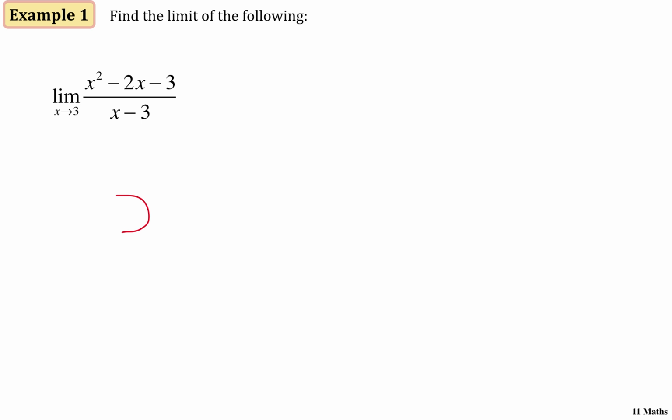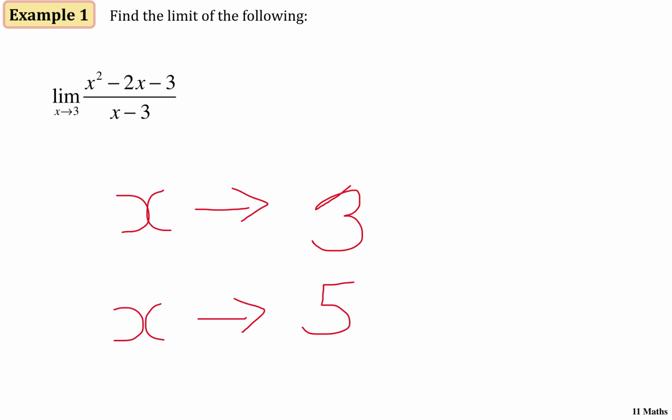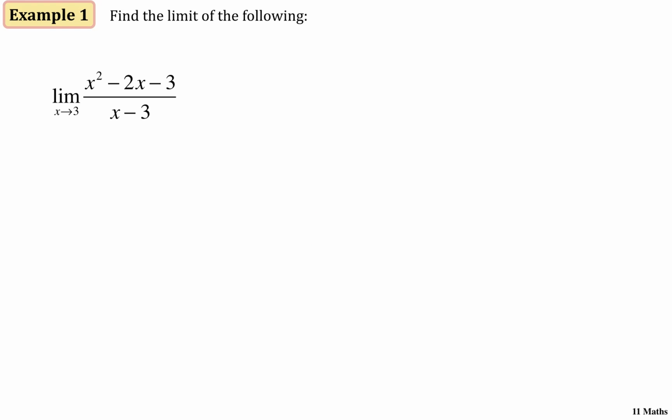That's what the arrow means: as x approaches 3. This would mean as x approaches 5, as x approaches 0. The arrow means x is getting close to something. It's not actually at that point, but it's getting super close to it. So in this question, x is approaching 3.